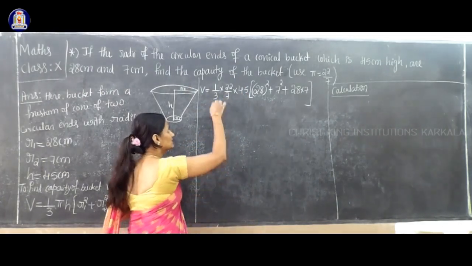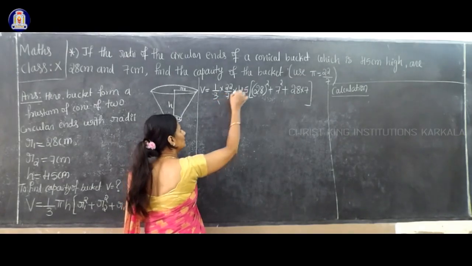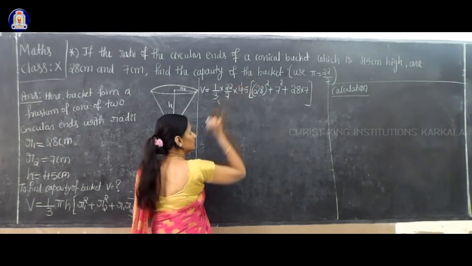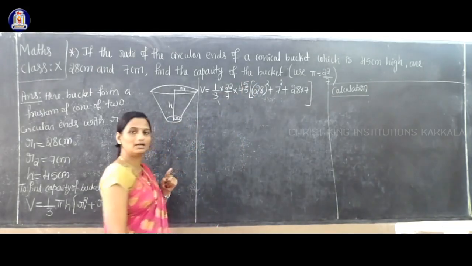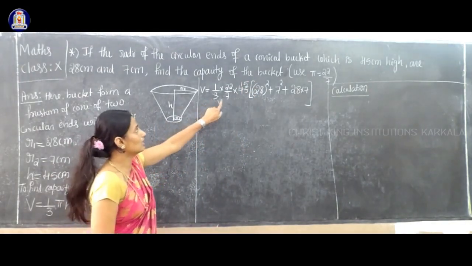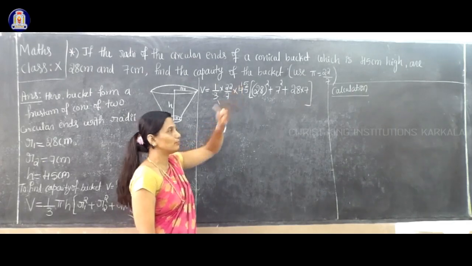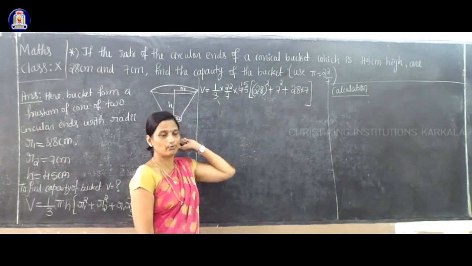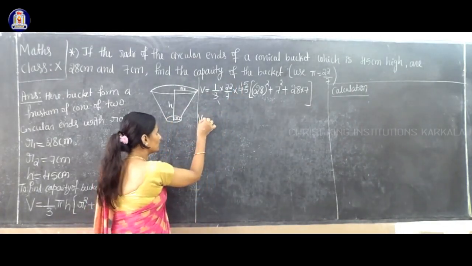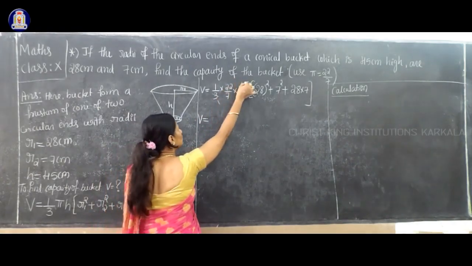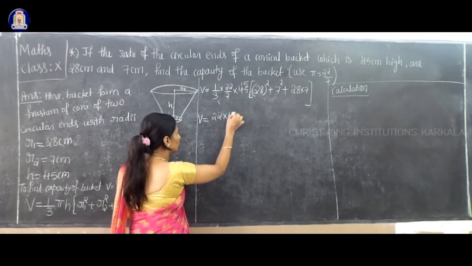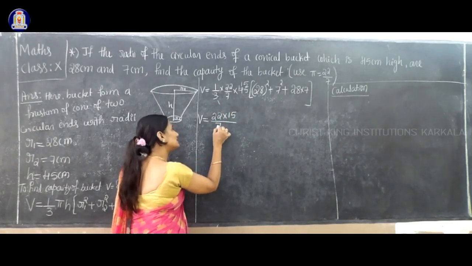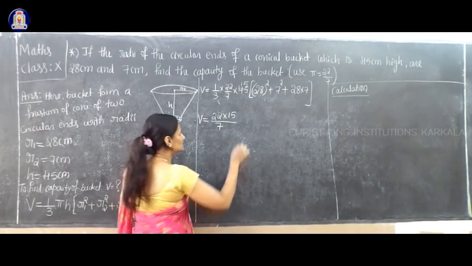Can you cancel this? 3 ones are 3, 3 fives are 15. So what is left? V is equal to 22 into 15 divided by 7, times the bracket.